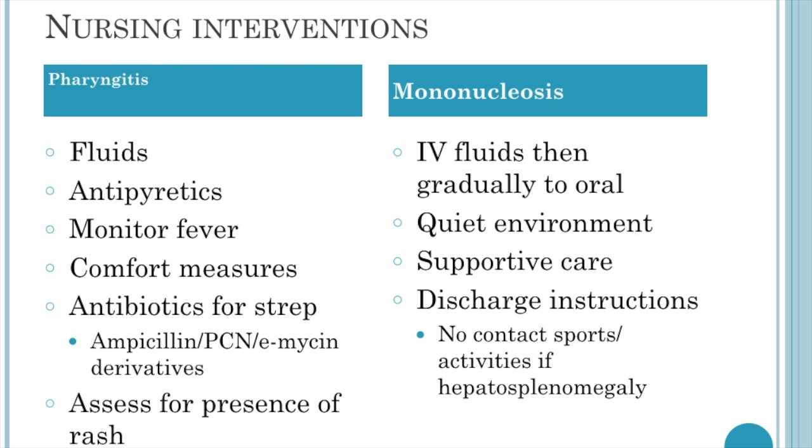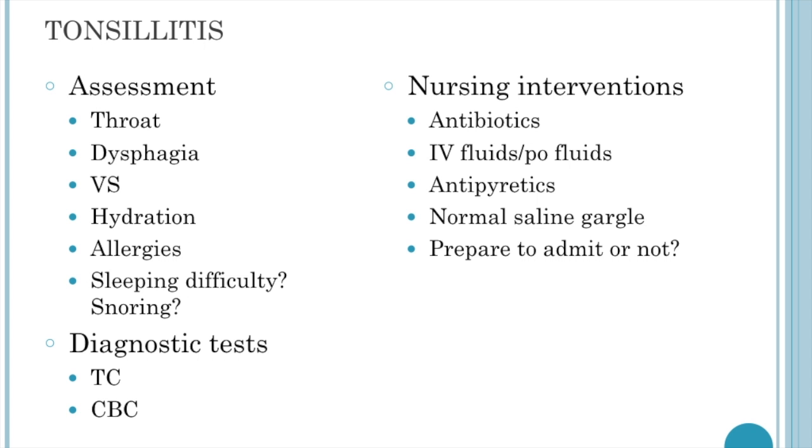If they had hepatosplenomegaly, they cannot participate in contact sports because of the risk of rupturing the spleen. And so this child is going to need a note for physical education program that they can't participate until they're fully cleared by their physician. So make sure that whoever's discharging them provides that note.